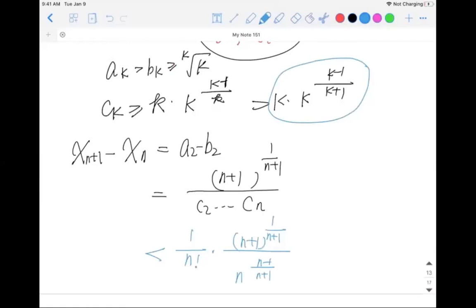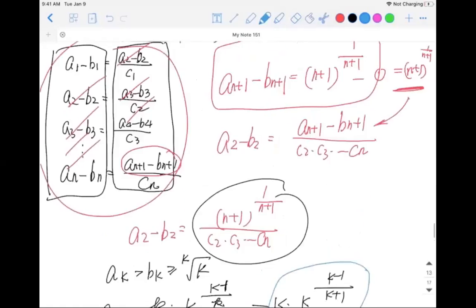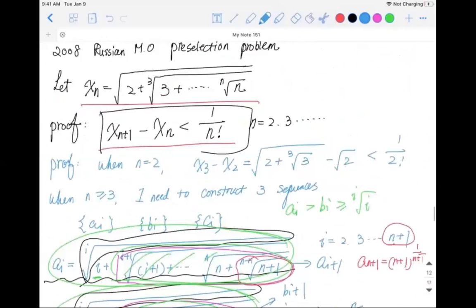You just basically plug in the value and make sure this is only one C_k. You're going to do that all the way from C_2 all the way to C_n. So that one will actually be less than 1 over n factorial. What is that? That's exactly what we need.